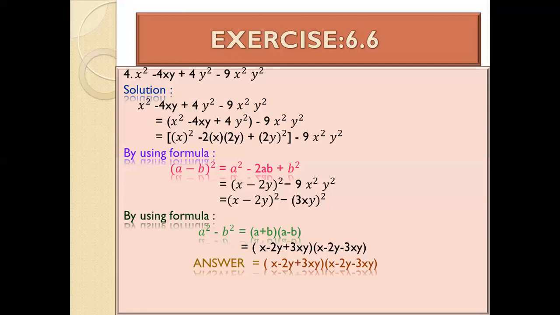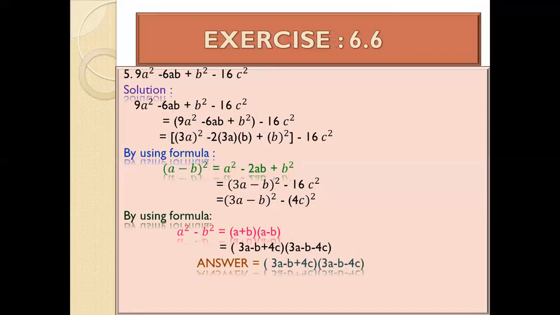So when you insert the values in this, a will be x − 2y and b will be 3xy. a + b: x − 2y + 3xy, and then x − 2y and b is 3xy. Before b there is a negative sign, so x − 2y − 3xy.